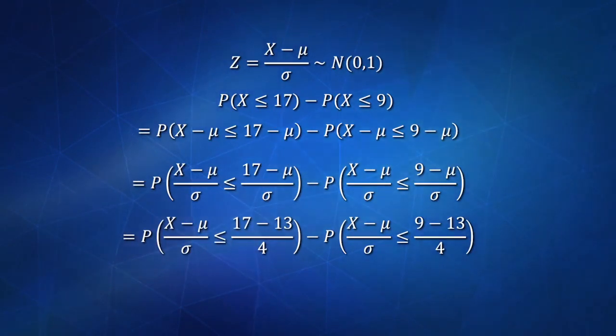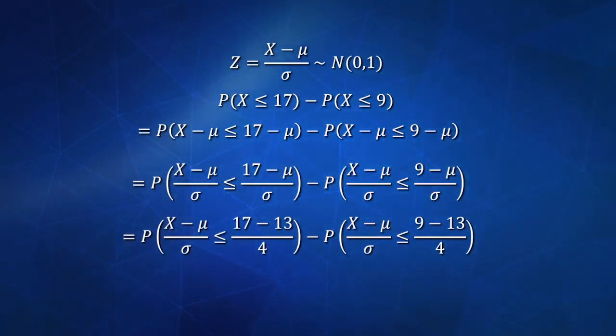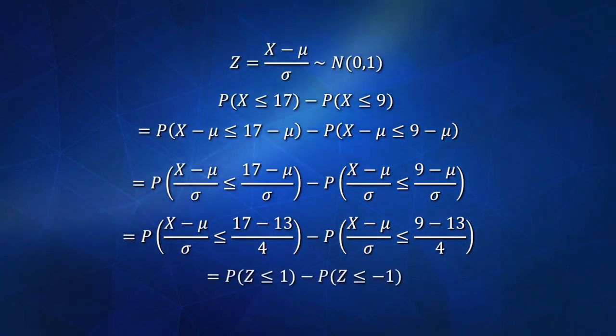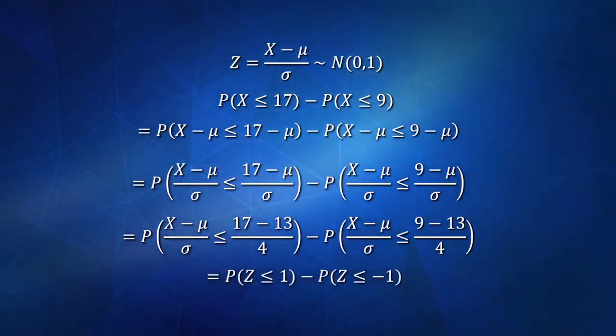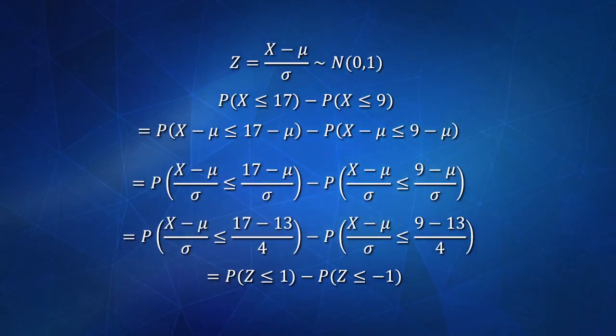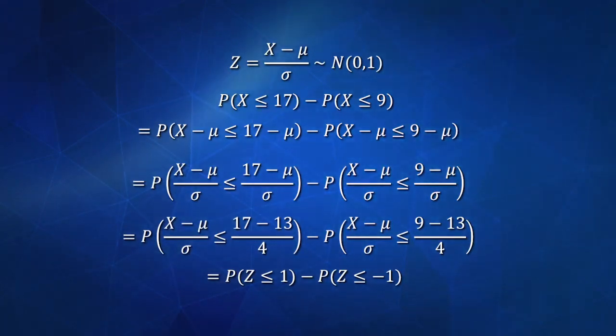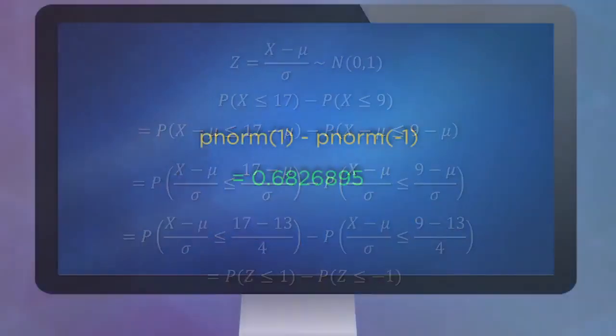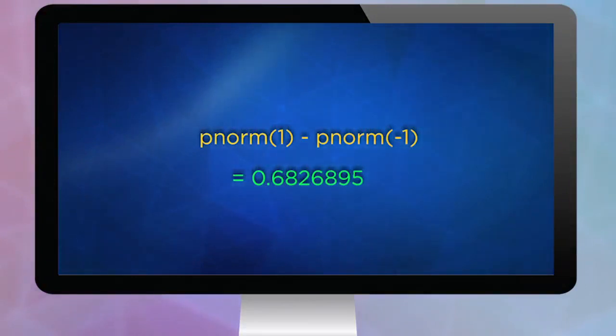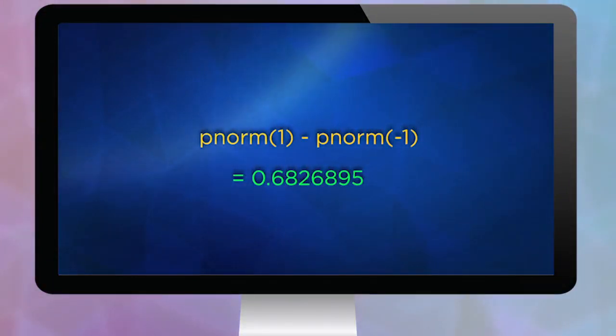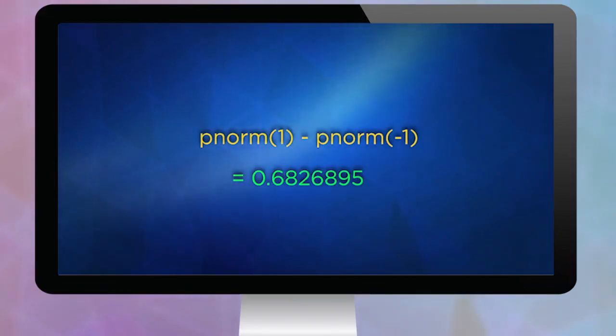And x minus mu over sigma is a standard normal. So that's just a z distribution. So this reduces to the probability that z is less than or equal to 1 minus the probability that z is less than or equal to -1. Again, we get that same probability, 0.68, as we calculated previously.